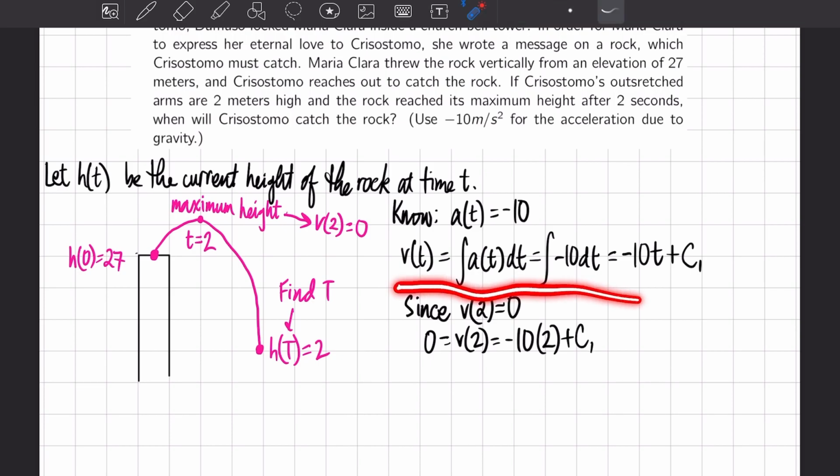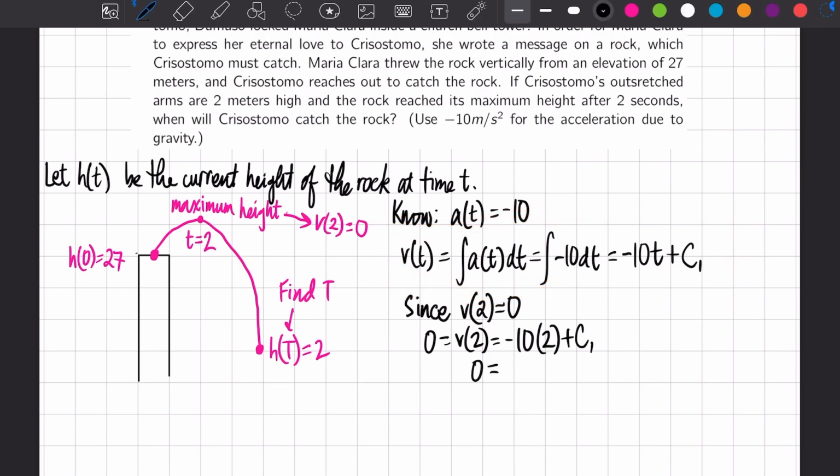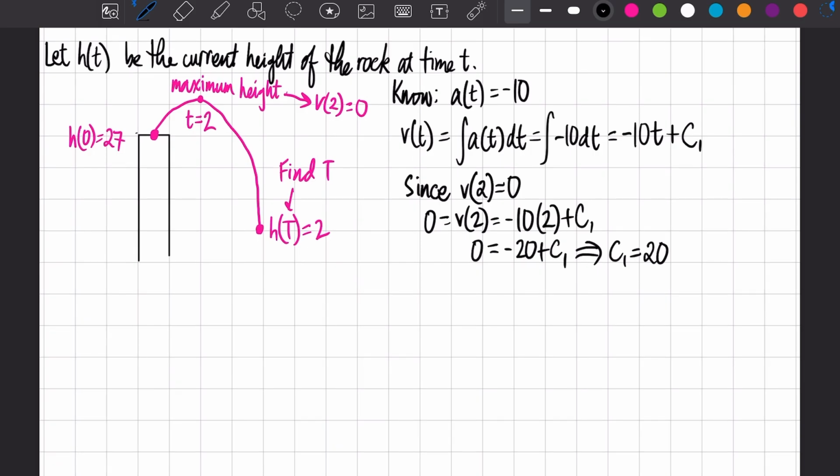It comes from this equation right here. So that means 0 equals negative 10 times 2, that's negative 20, plus c1, and that means c1 equals positive 20. So what we have right now is that v of t equals negative 10t plus 20.